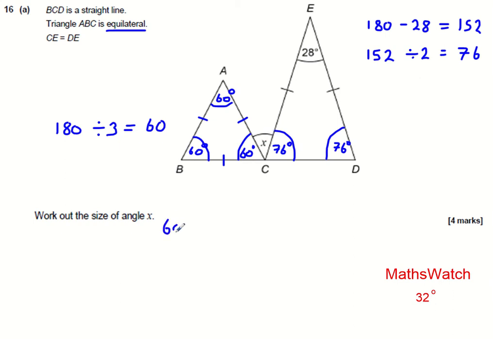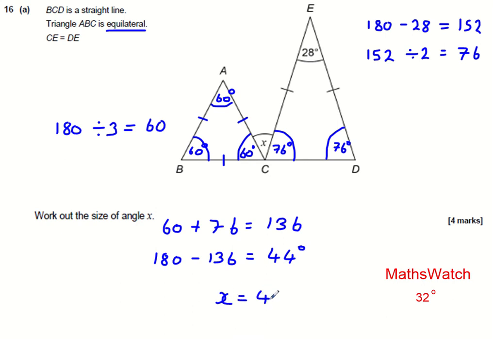So the 60 and the 76, when we put them together, give 136. And when we then subtract that 136 from 180, we'll say that angle X must be 44 degrees. So X is 44 degrees.